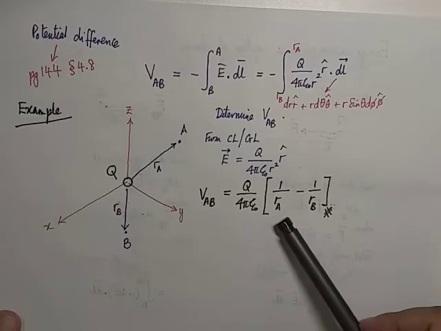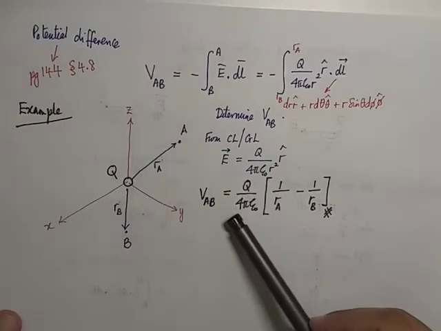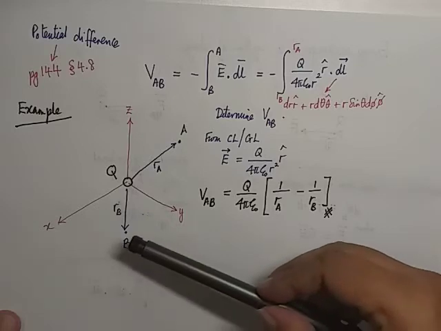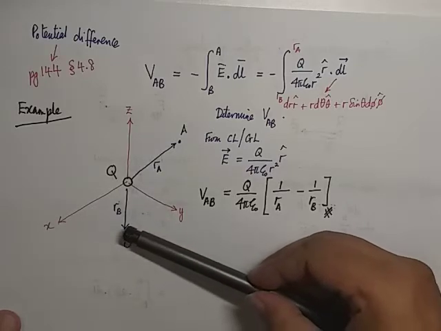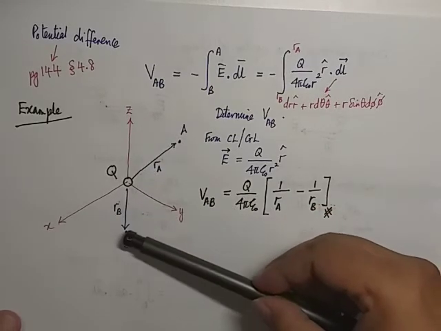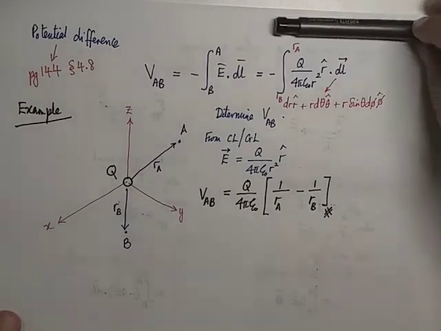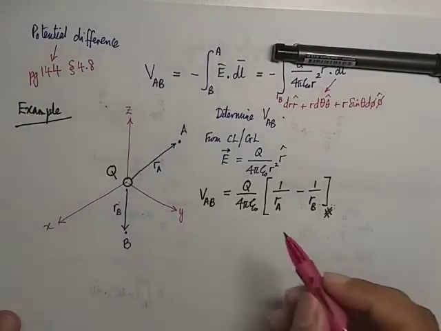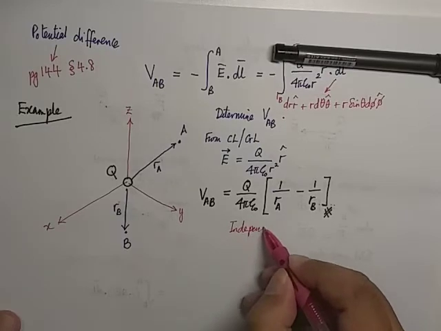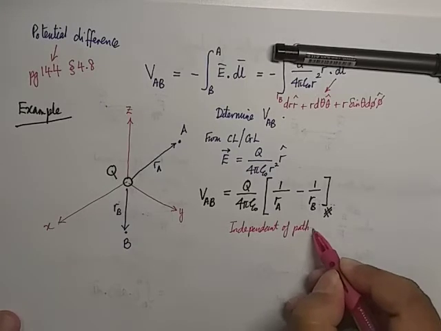You just mention a point, and everything is constant, so there's no sense of path. If I take my point charge from B to A using this path, it is going to be the same as when I take my point charge from B to A using this path. In other words, our solution here is independent of path. That's what we can conclude here, independent of path, laluan.